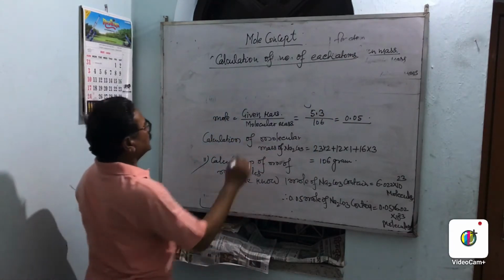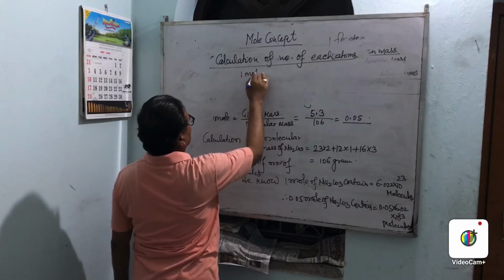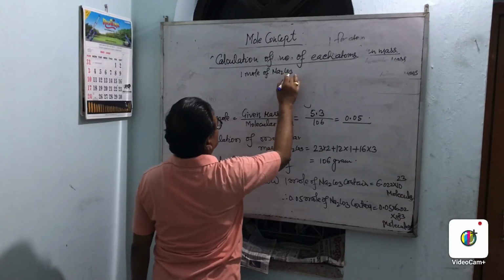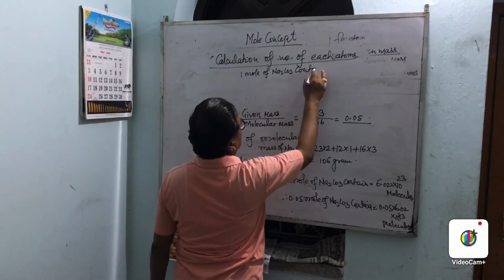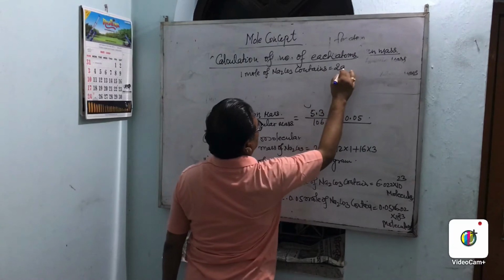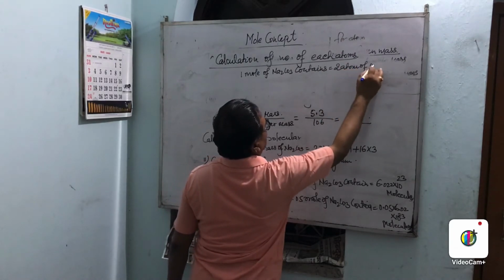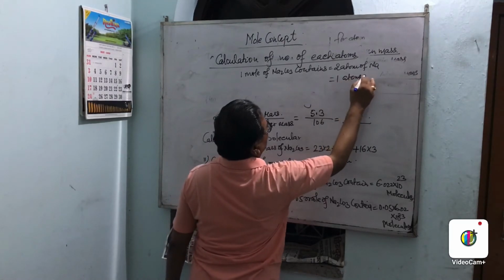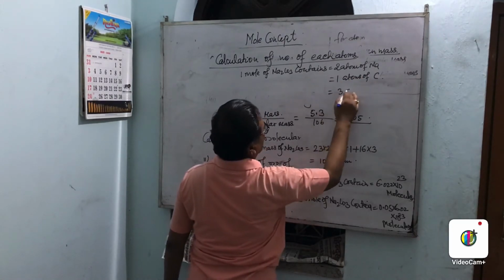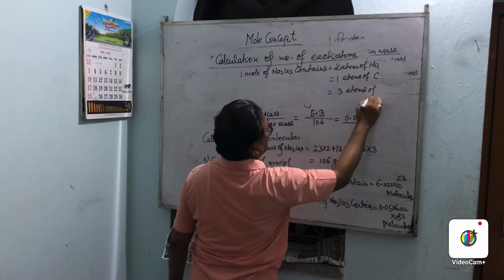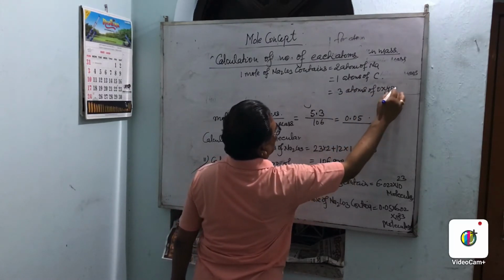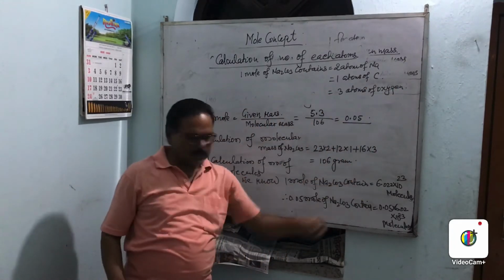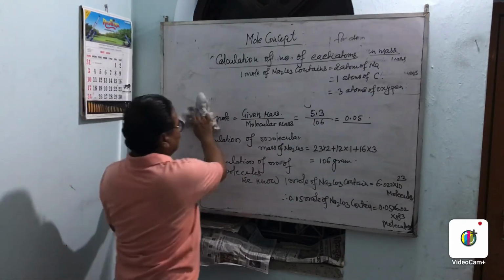So we write, 1 mole of sodium carbonate contains 2 atoms of sodium, 1 atom of carbon and 3 atoms of oxygen, right? How many moles come in this gram?